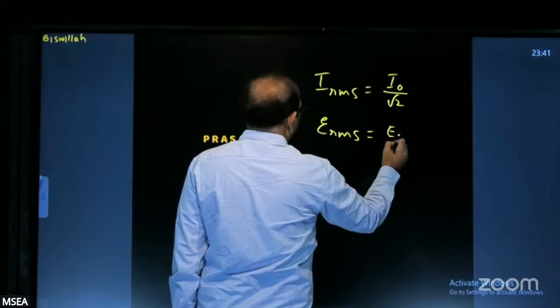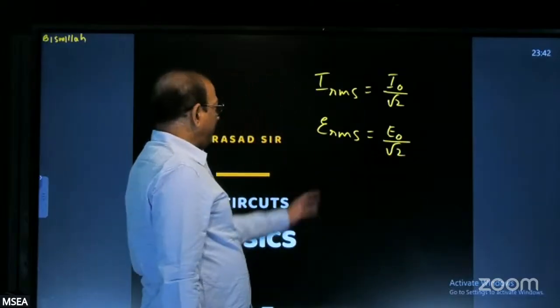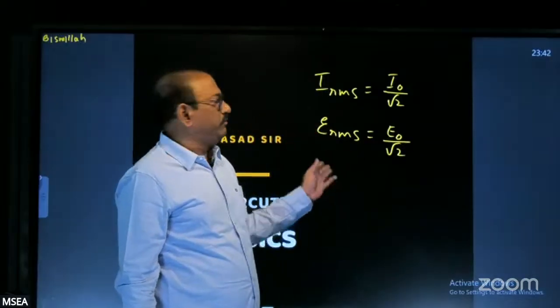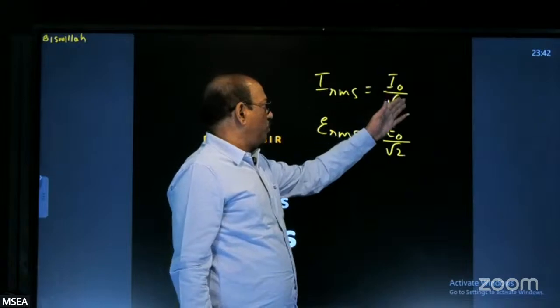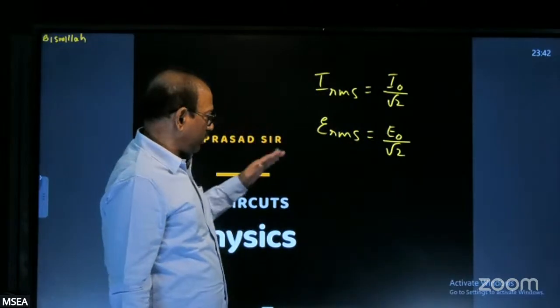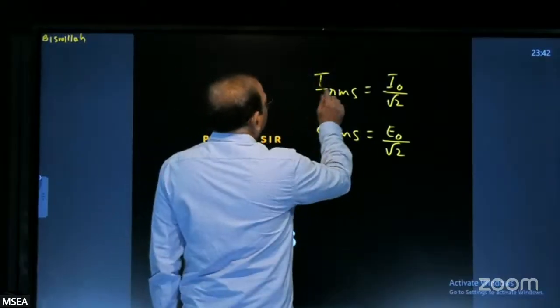ERMS is the peak value of EMF, maximum EMF, divided by root 2. For the half cycle, average current is 2I naught by pi, and average EMF is 2E naught by pi. These relations you need to revise.